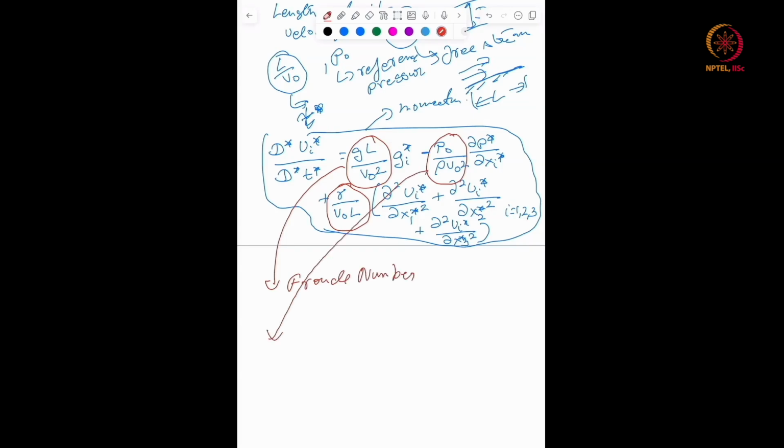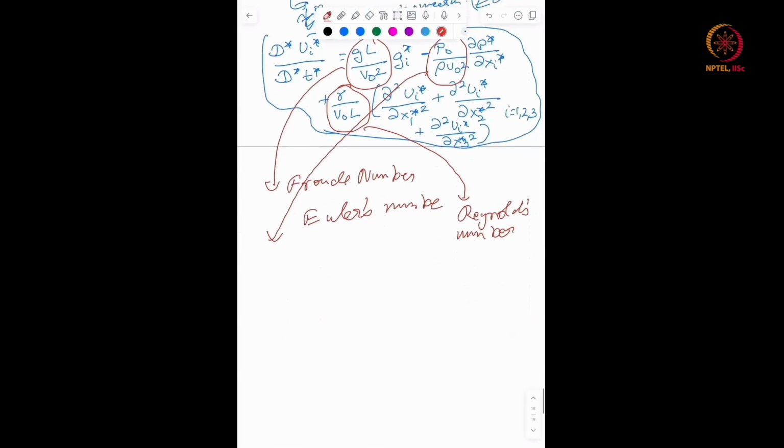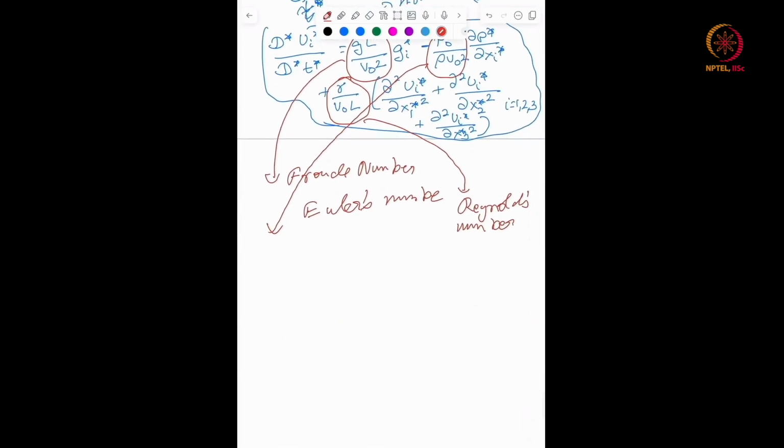This particular term that you see over here is called the Euler number. And this one is called the Reynolds number. So this is what you get after you non-dimensionalize everything. Pops out a few numbers.